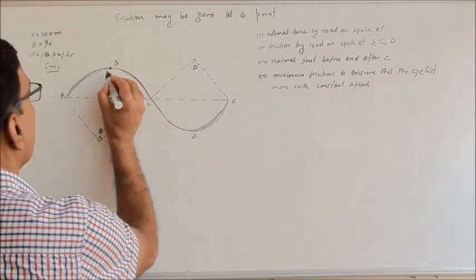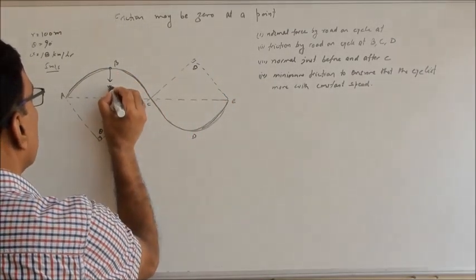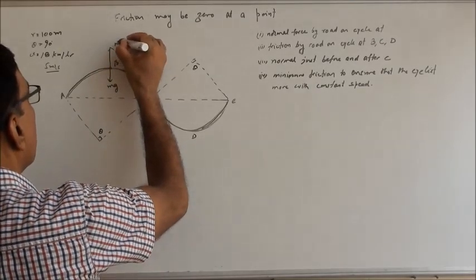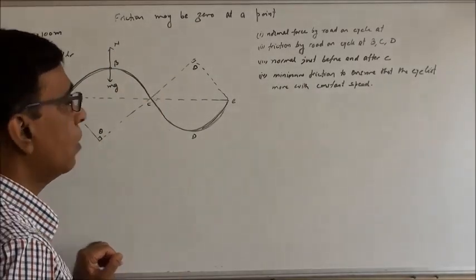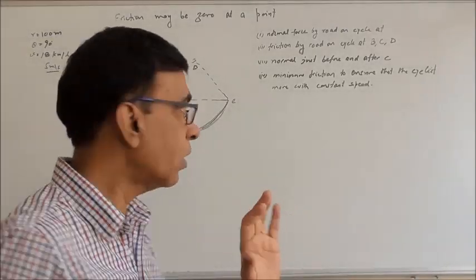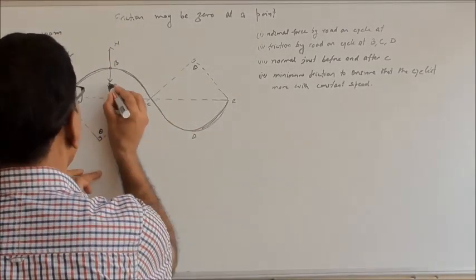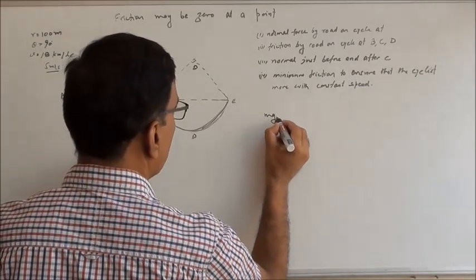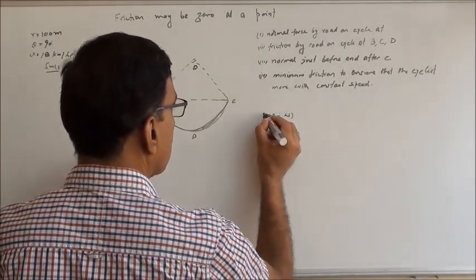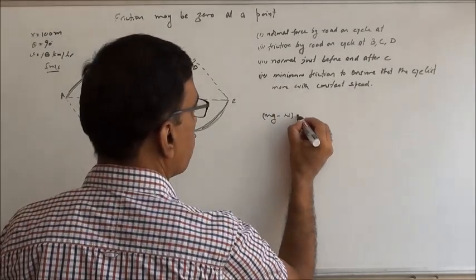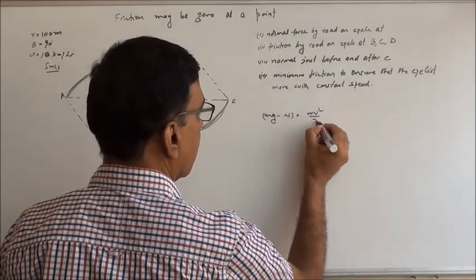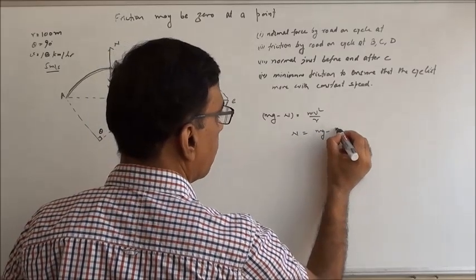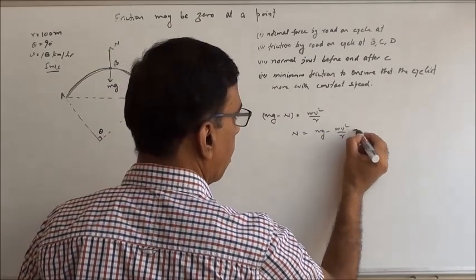So at this point, what are the different forces? mg downward, normal reaction upward, no friction here. The net force is towards the center. So mg minus N is the force acting towards the center and it should be equal to mv square by r. So normal reaction will be mg minus mv square by r.